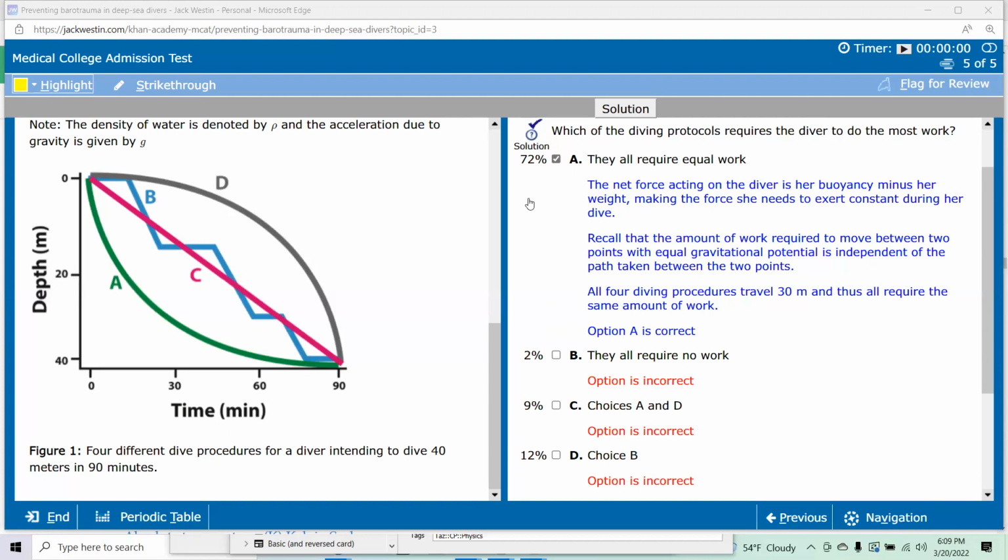But delta V is change in volume, right? Like if a container is expanding. In this case, we're not expanding anything. We're just moving from one distance to another, not distance cubed. So I'm just speculating. I don't know if that works or doesn't work.